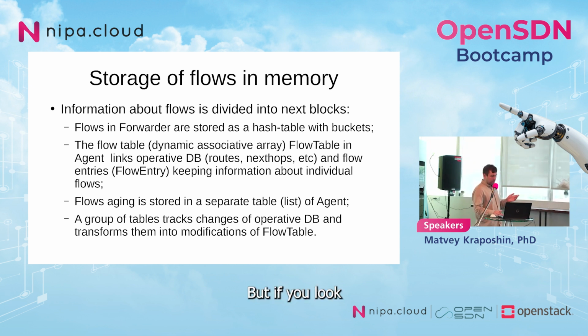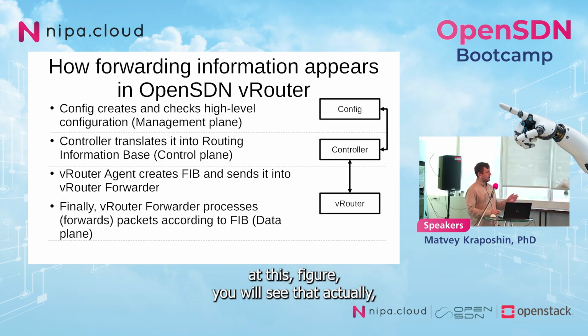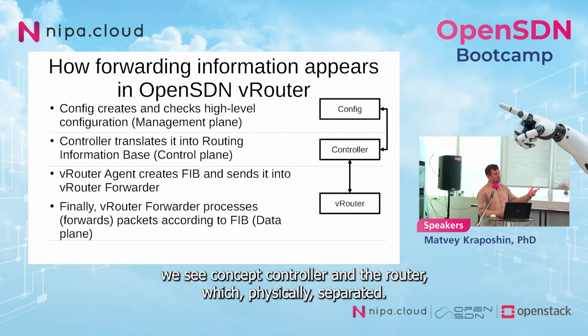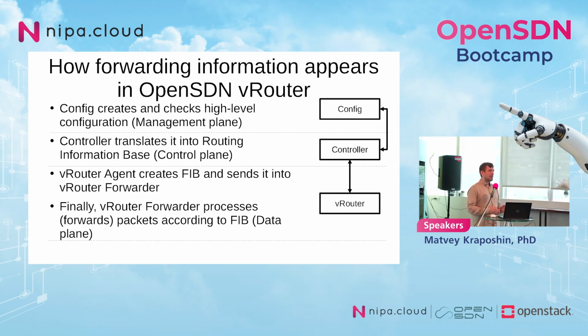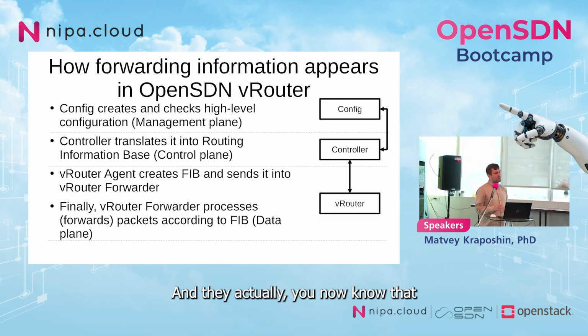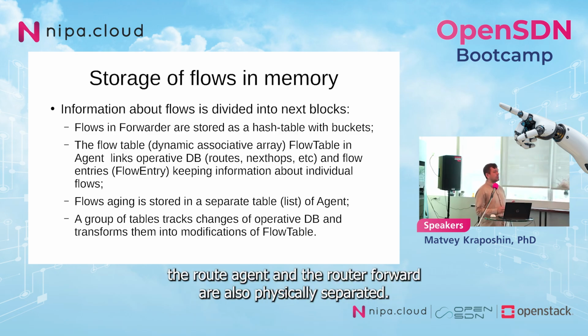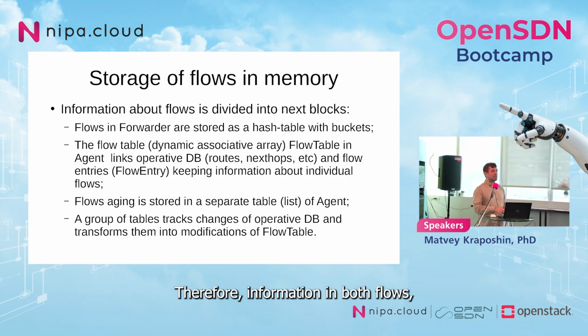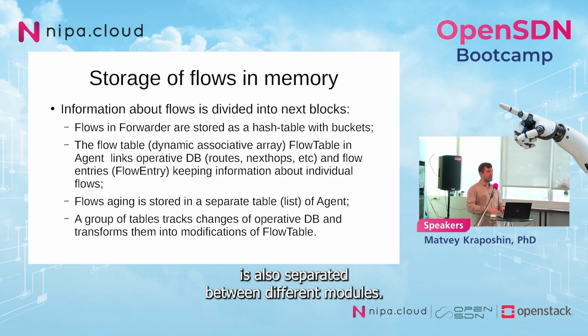But if you look at this figure, you will see that actually we see config, controller, and the router, which are physically separated. And actually, you now know that the router agent and the router forwarder are also physically separated. Therefore, information about flows is also separated between different modules.